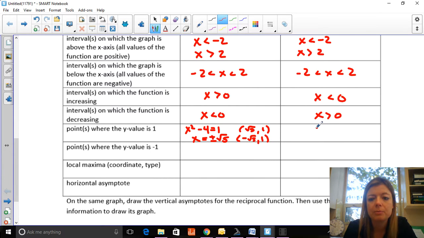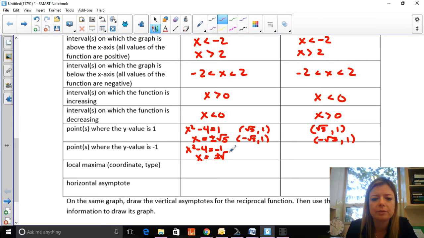Those would be the points of intersection, so they would also occur on the reciprocal. Where it's negative 1, I'd set x squared minus 4 equal to negative 1, so x is equal to plus or minus root 3. So I get root 3, negative 1 and negative root 3, negative 1, and I get the same thing over here.